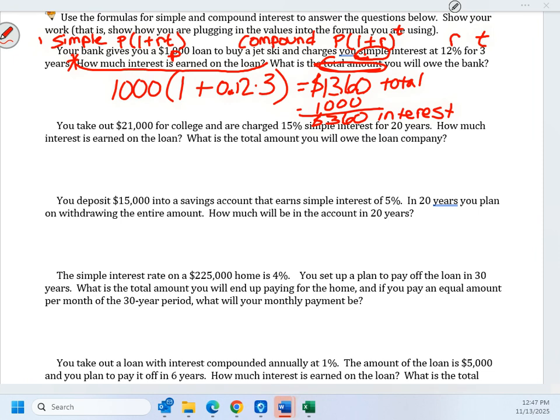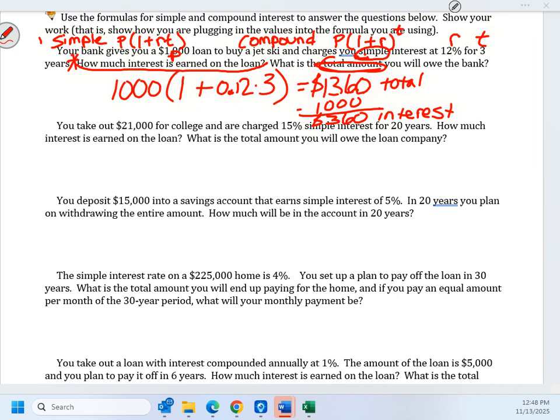So when you're using that formula, you're finding the total amount at the end of the loan. You are paying off $1,360 altogether. That's what you paid the bank: $1,000 for that principal amount, $360 in interest. Does that make sense?